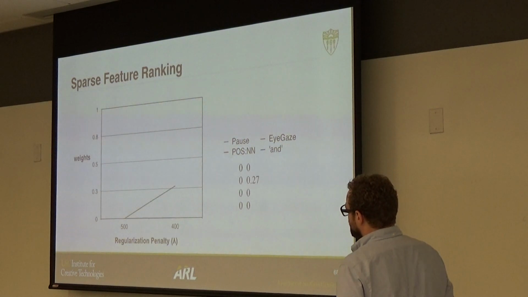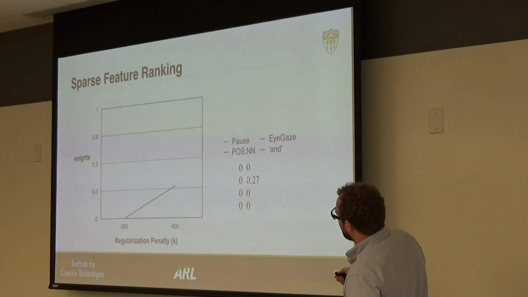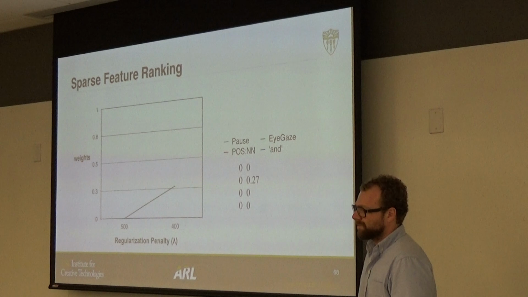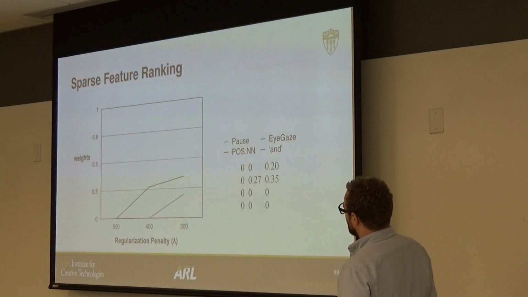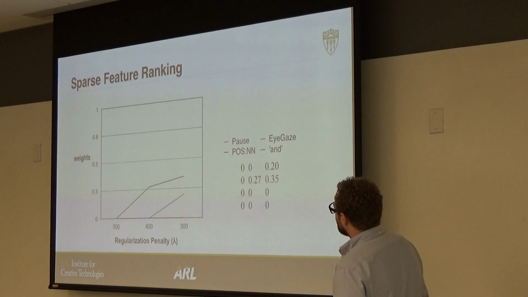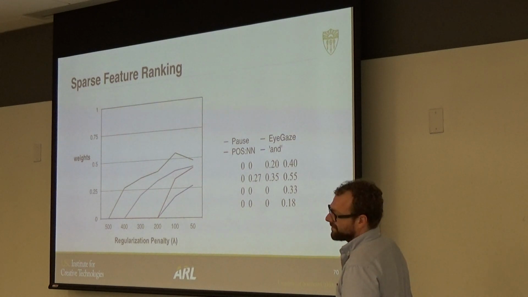Now if we reduce it to 400, suddenly the eye-gaze variable becomes utilized with a weight of 0.27. If we reduce it further, the pause variable also gets used. This gets increased, and in the last case all of them are used if we reduce this value to 50.